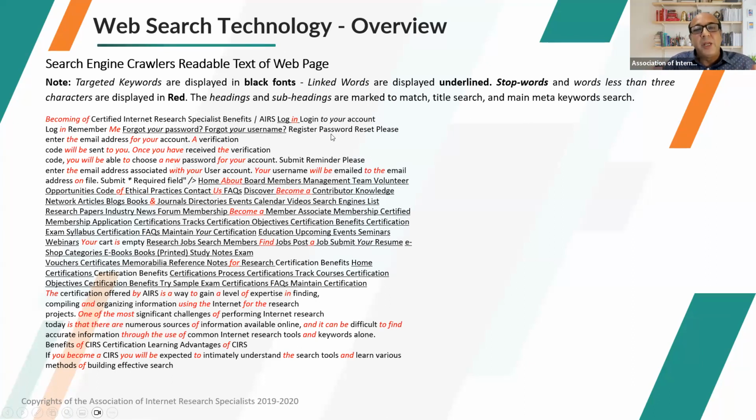These individually would have a meaning for the search only because they're popular enough, or they have a meaning that explains a lot more in the sense of what could be understood by them. For instance, password, it knows what password is. Verification, it knows. Email address, it knows. Received, it knows.